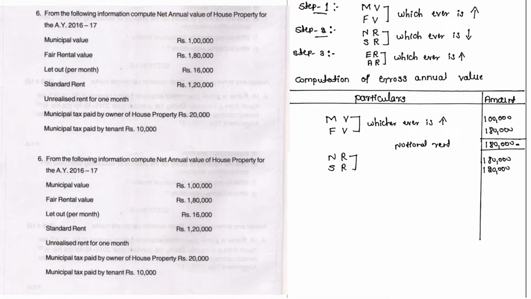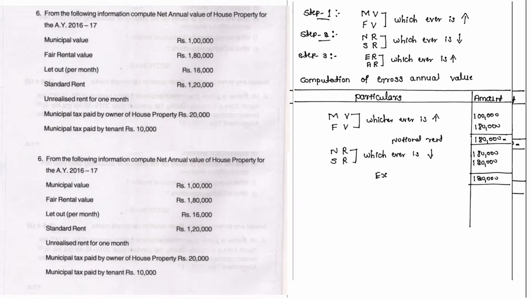These two amounts, whichever is lower, that amount we should consider. So the lower amount is 1,20,000. So 1,20,000 is the expected rent.